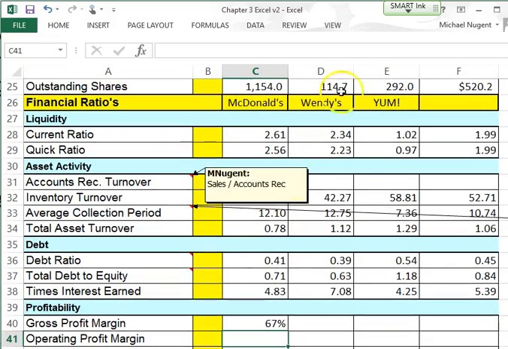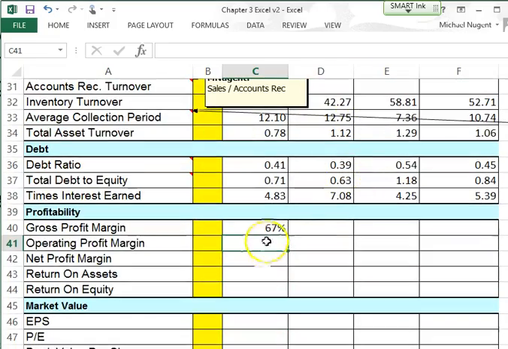Okay, so their profit margin is 67%. That's pretty good.